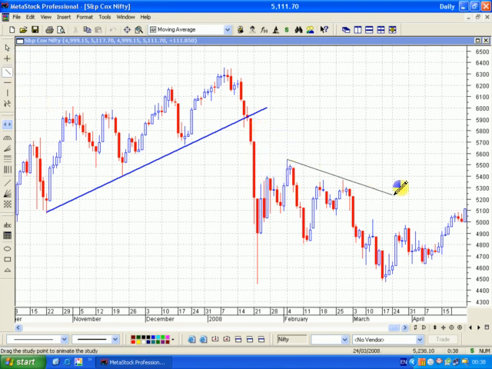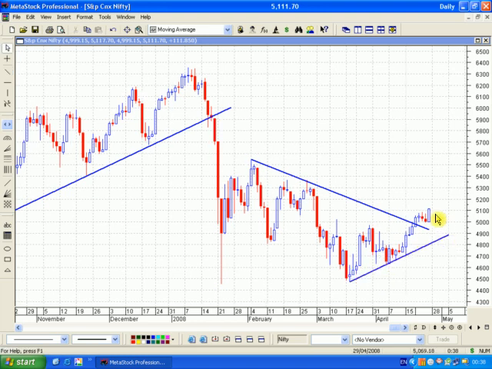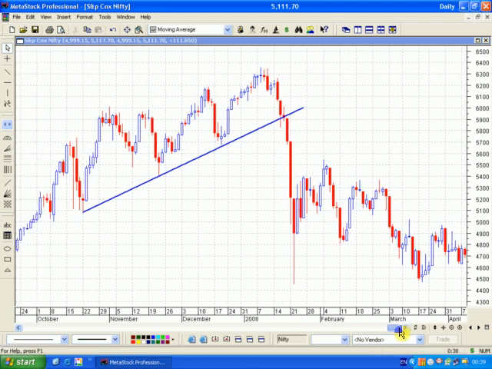Similarly, when we connect two or more consecutive highs, and when the prices go above that trend line, we say that the downtrend is now finished and prices should go up from here. Similarly, if we connect these two lows, the moment the prices come down below this line, we will be back in a downtrend.